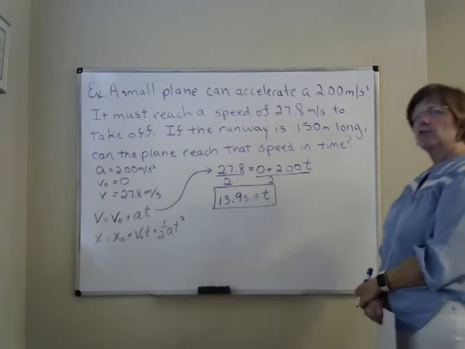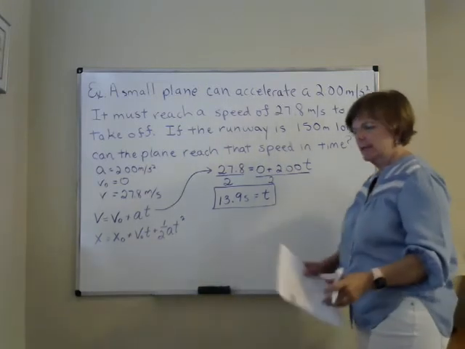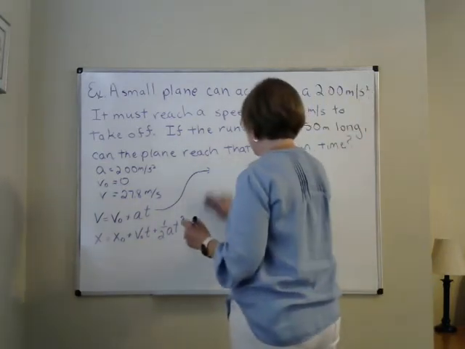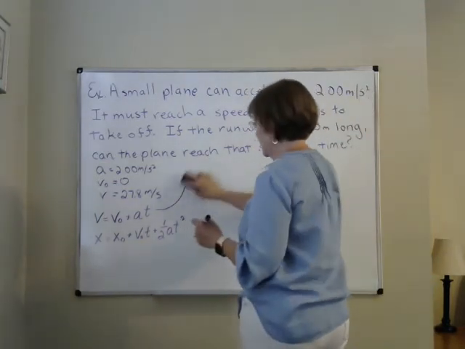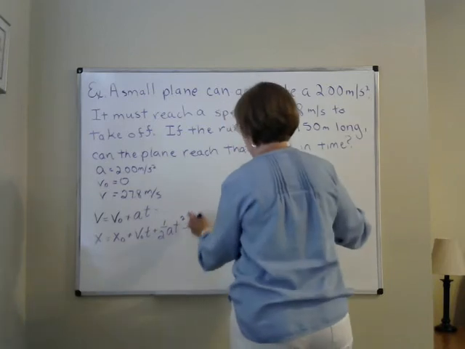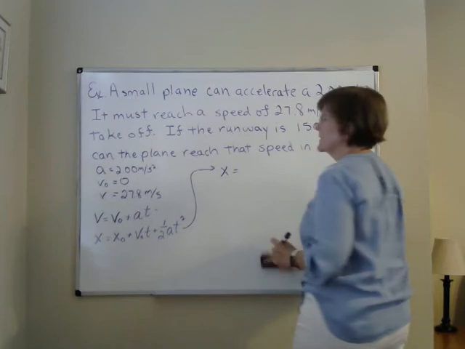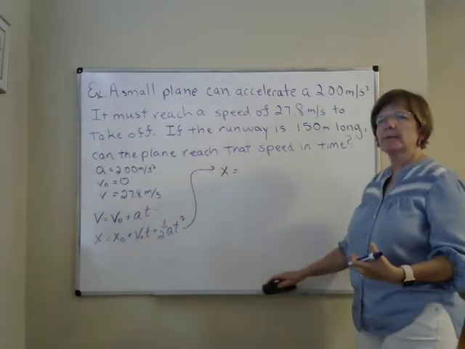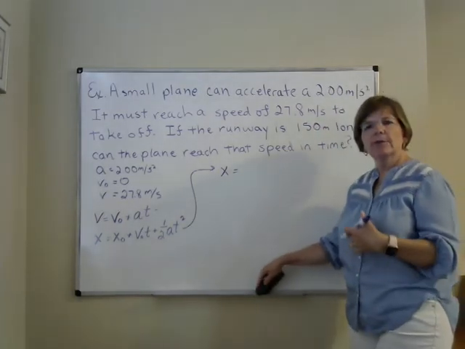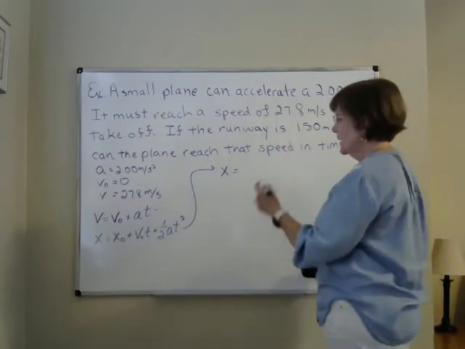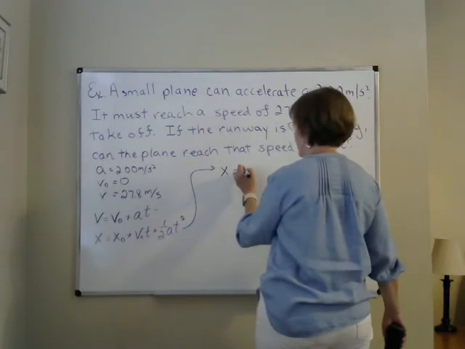How far is it going to travel in that 13.9 seconds? Well, I'm going to use the second formula now. The second formula says, well, now I didn't say what x0 is, but in most problems, we can assume that we're starting from 0. I'm going to let where the plane starts be 0, and I'm going to see where it ends up.